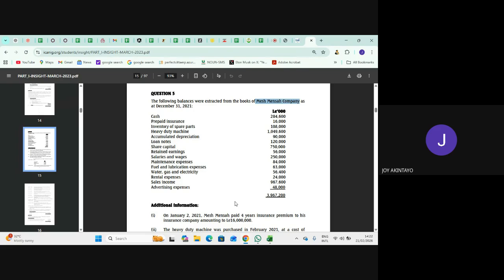We are posting it on the debit. Why? You must know the reason. Everything in accounts has a reason. So why are we posting on the debit?